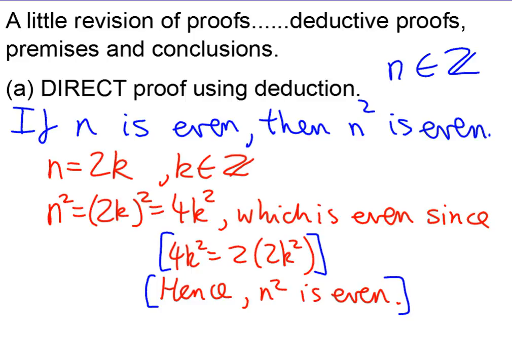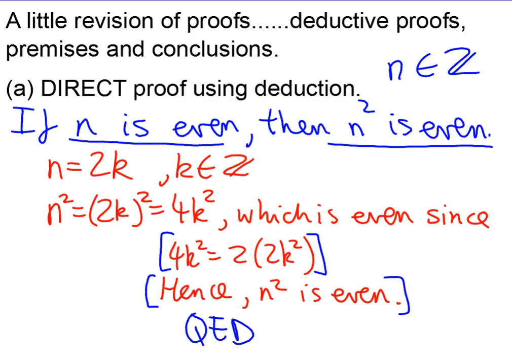It might be a good idea to write QED at the end as a mental reminder that you have to show what was to be shown. Quod erat demonstrandum means which was to be shown. We wanted to show that if n is even, then n squared is even, and now we've shown it.